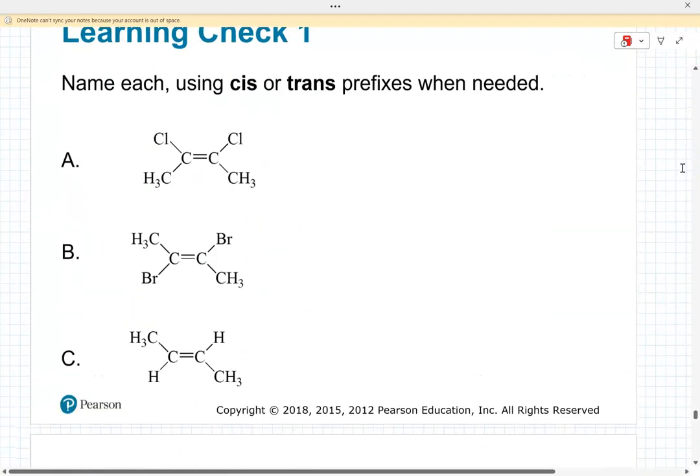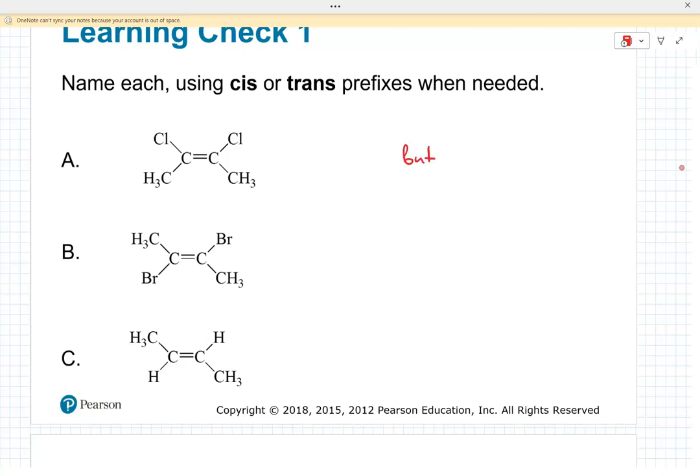So let's see if you can name the following molecules. What would you call this one? How many carbons? Let's do it methodically. How many carbons? The prefix but, and yne, because there's a double bond. Okay? What is the position? Do we need to put the number for the double bond position? Yes.